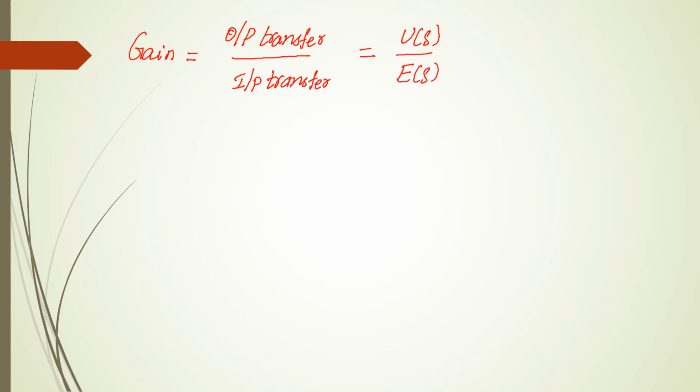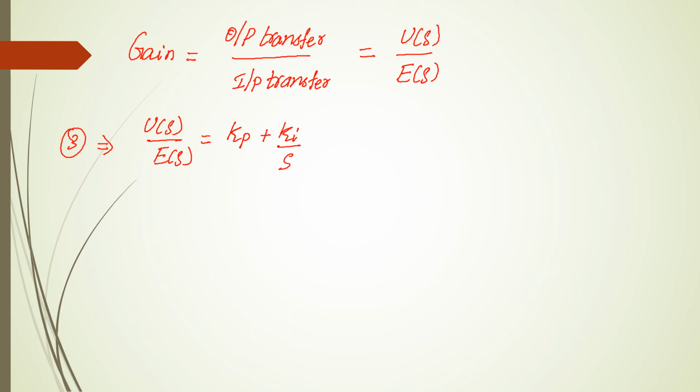In order to obtain the gain, you write the output transfer with the error transfer, so U(s) divided by E(s) from the above equation 3. Taking E(s) to this side, U(s) divided by E(s) is equal to Kp plus Ki divided by s.